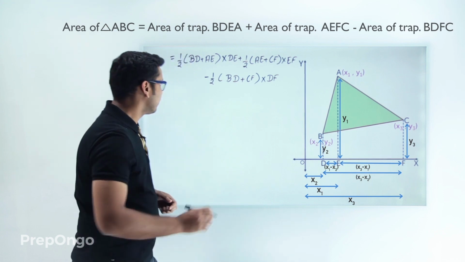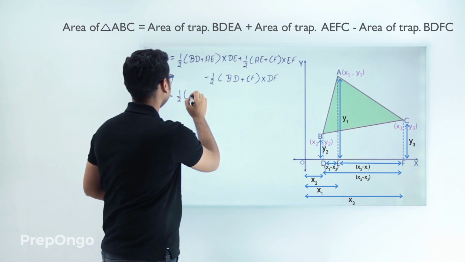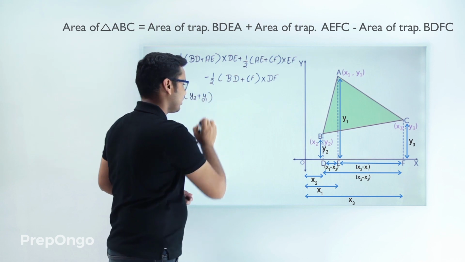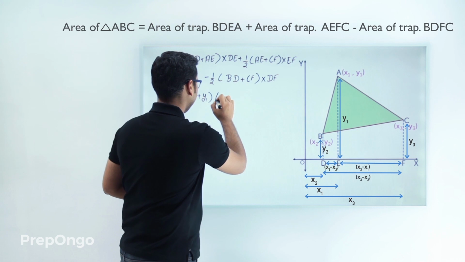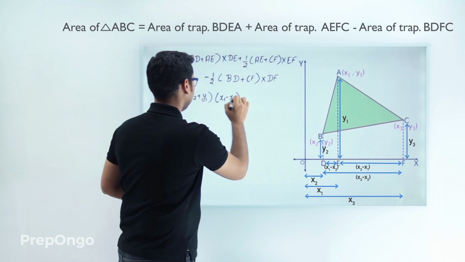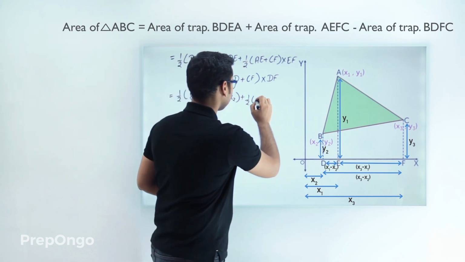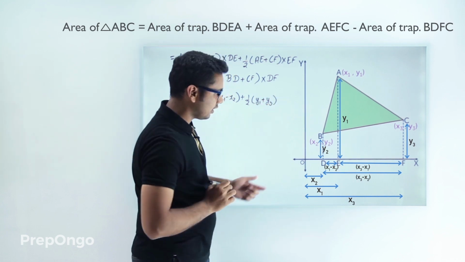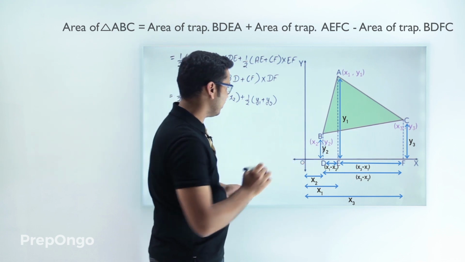So let's put the values. This will be half, y2 plus y1 into the height. This is DE, so the length of DE will be equal to x1 minus x2, and plus half, y1 plus y3 into the length of EF, which is x3 minus x1.